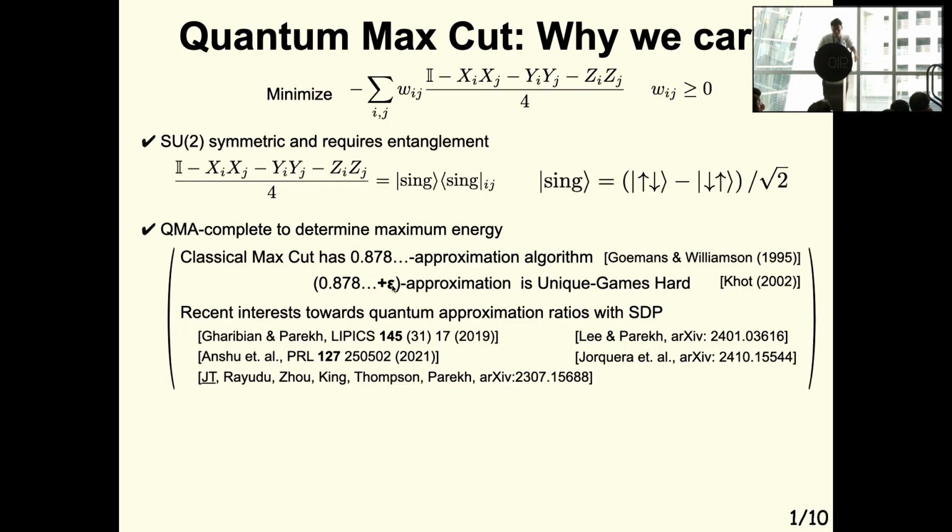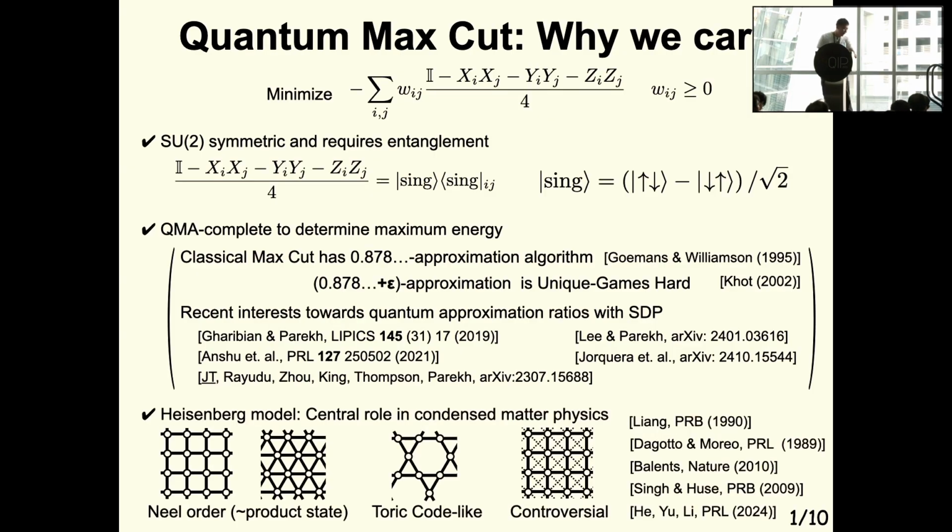But anything slightly better than that is known to be NP-hard under the unique games conjecture. So we want to know if there is a similarly nice threshold in the quantum case or not. Although we have a lot of interesting advancements, it's still very much open, I would say.